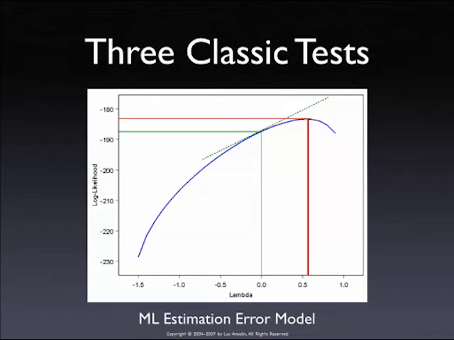The second principle looks at the value of the likelihood, and how the value of the likelihood in the unconstrained model compares to the constrained model. And the rationale is the following. The fit of an unconstrained model will always be better than that of a constrained model. If you think of regression, if you add more variables, your R-square will go up. How much does it go up? That's exactly the question. Does it go up enough so that it's a significant addition?